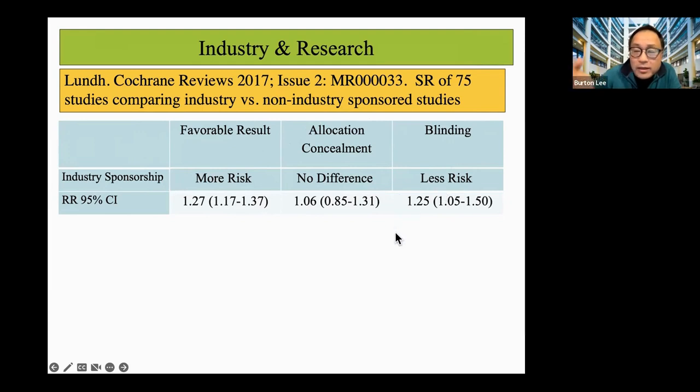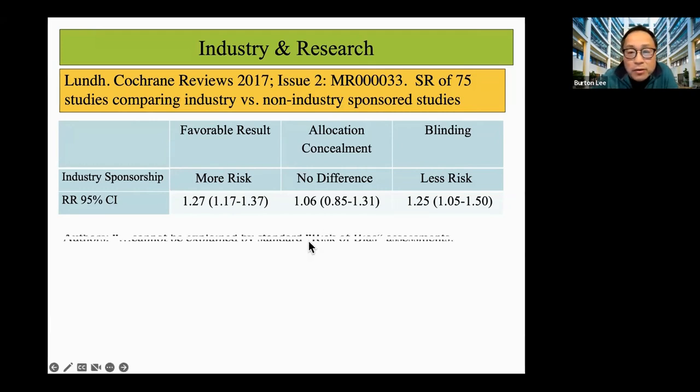So in other words, if you look at conventional risk of bias tools that Cochrane and other groups use and advocate for, industry-sponsored trials will actually look like they're higher quality. But what the authors here conclude is that this discrepancy cannot be explained by the standard risk of bias assessment. So the controversy is that some people argue you should look at studies without considering the funding source, just look at quality measures like allocation concealment and blinding.